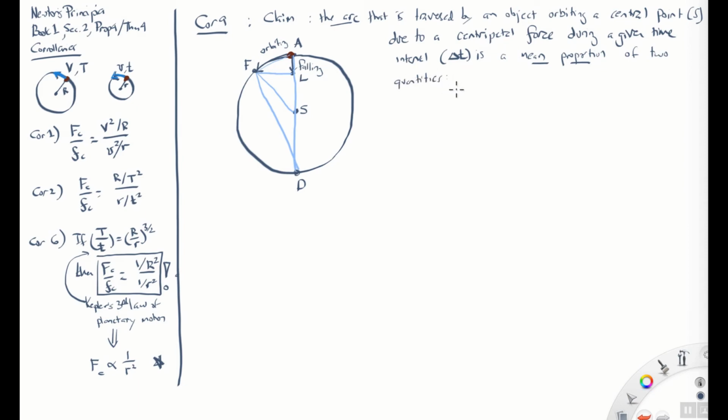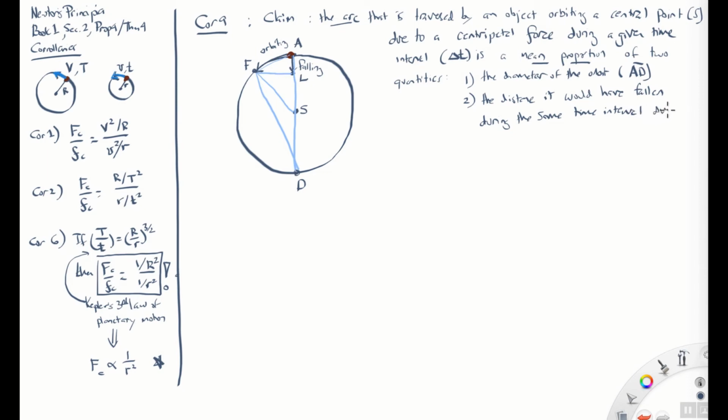Those two quantities are, first, the diameter of the orbit, and that would be, in our case, AD, the line segment AD, and the other quantity is the distance it would have fallen during the same time interval due to the same force.